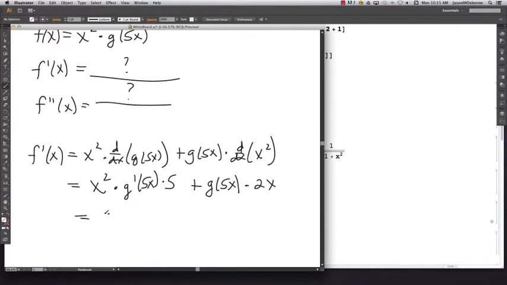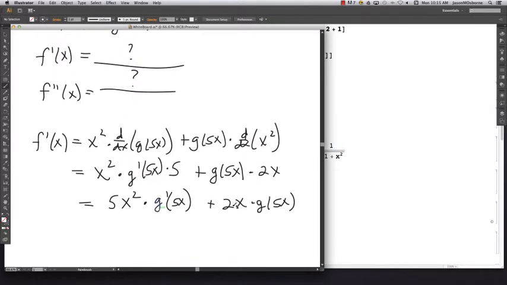You may wish to rewrite that as 5x squared times g prime of 5x plus 2x times g of 5x. Okay, so there's f prime.